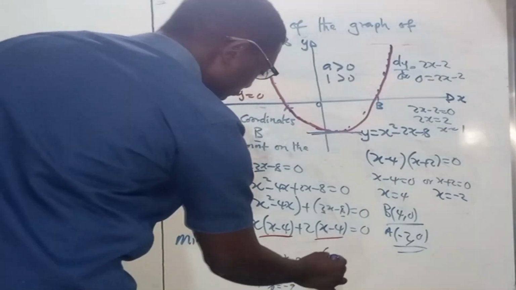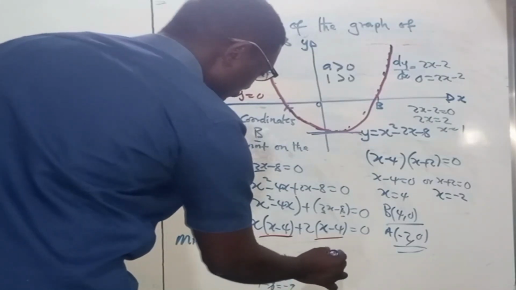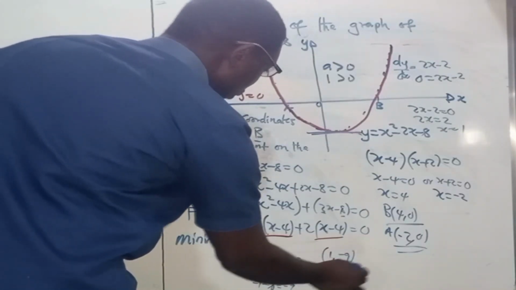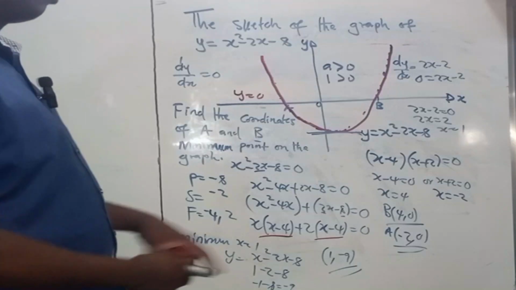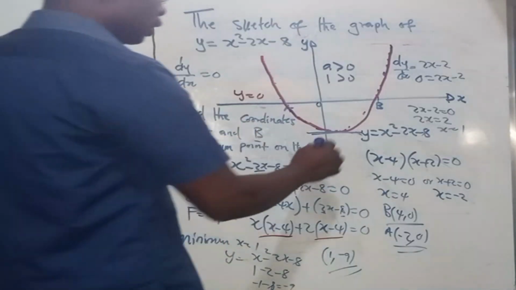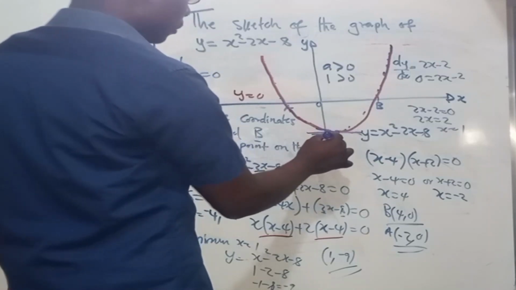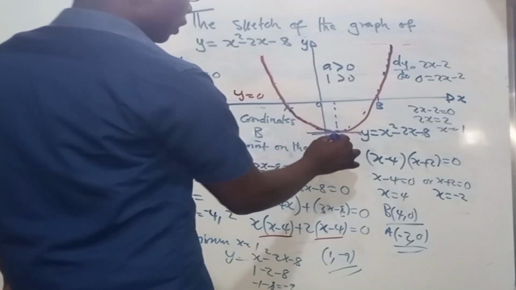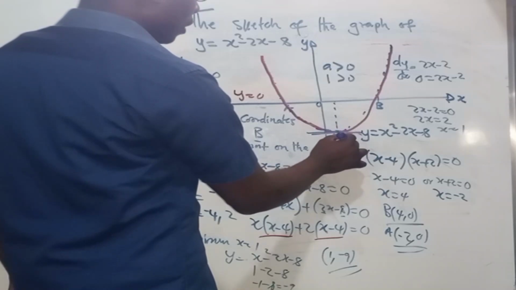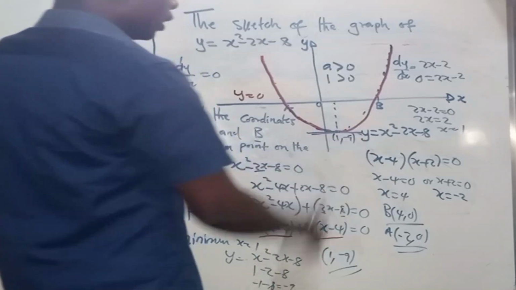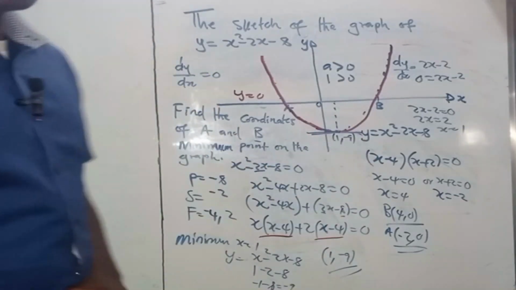So our minimum point is (1, negative 9). This one is not drawn to scale, as you can see. It's supposed to be somewhere here, (1, negative 9). Is that okay?